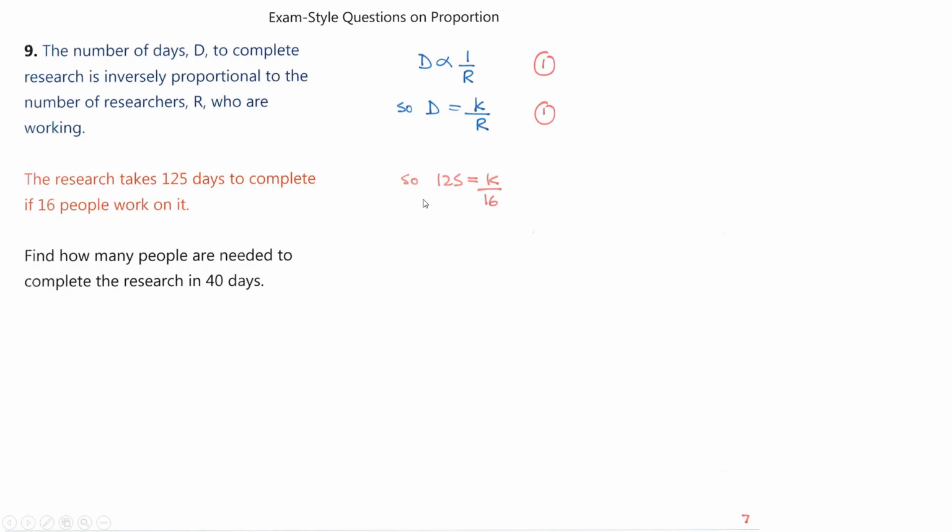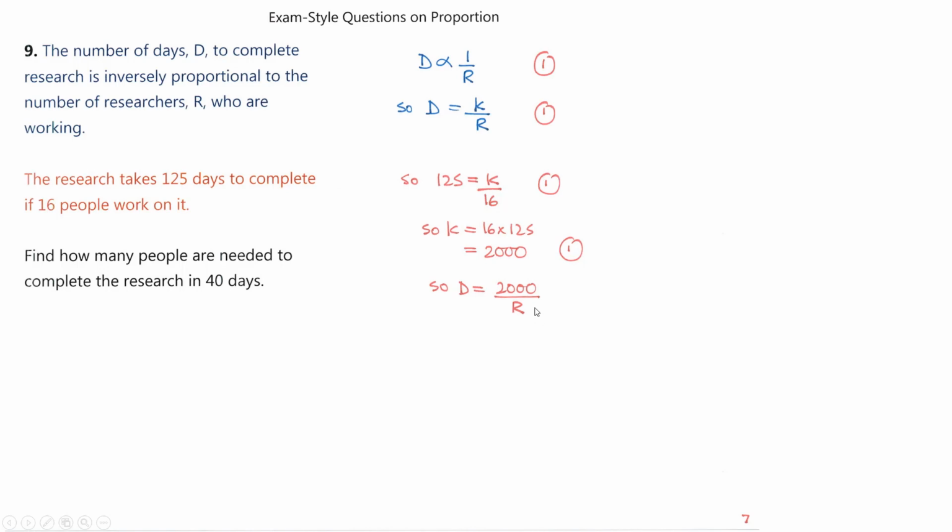Put in that D is 125, okay, 125 days, and put in that the number of researchers is 16 people, and use that to work out what K is. Just like before, K will be 16 times 125, which is 2000. So now we've got a formula that was K over R, but now it's 2000 over R, because we've just worked out what K is.